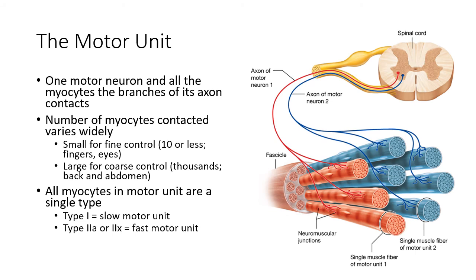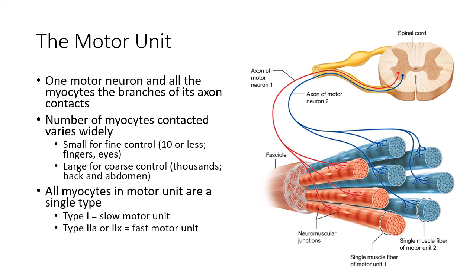If you're using the muscle for finely coordinated actions, like your fingers for writing and typing, you're going to use a lot of small motor units for that, so that you can have very fine-grained control over how much force your muscle is producing. If you're using the muscle for something a little bit coarser, then you're going to have really big motor units.